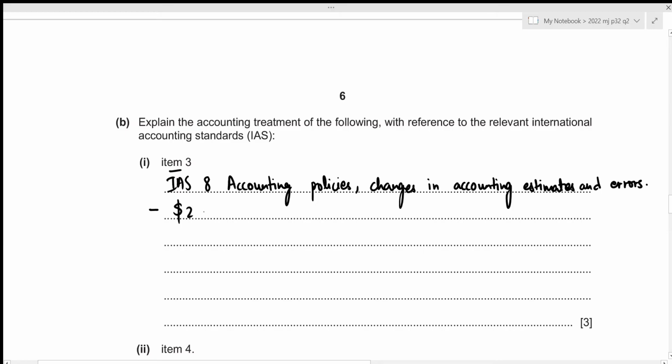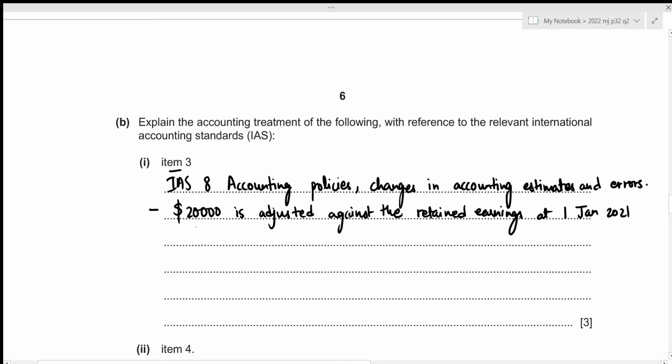So that 20,000 is adjusted against the retained earnings at 1st January 2021, since it is an error of prior period.